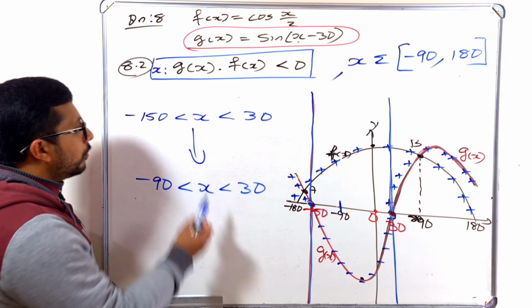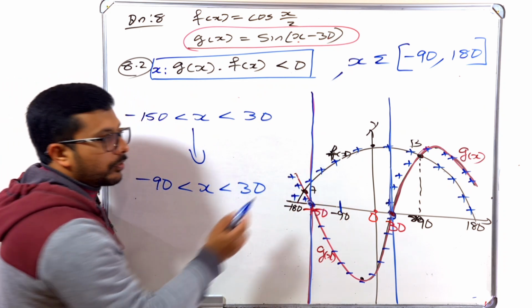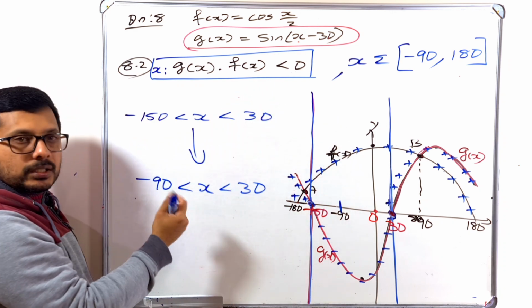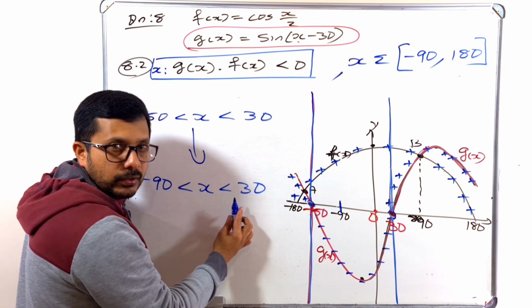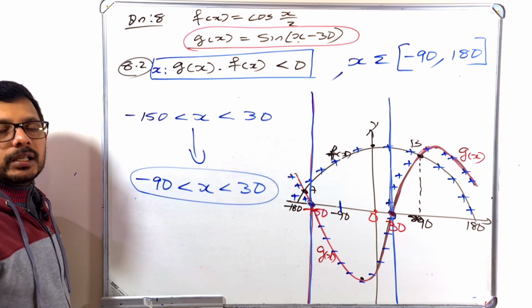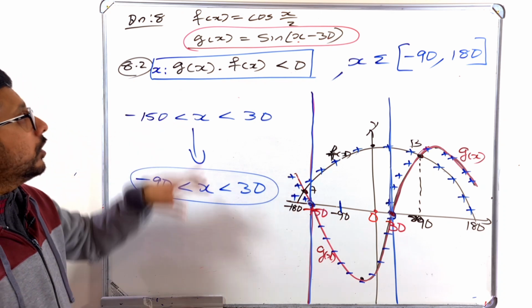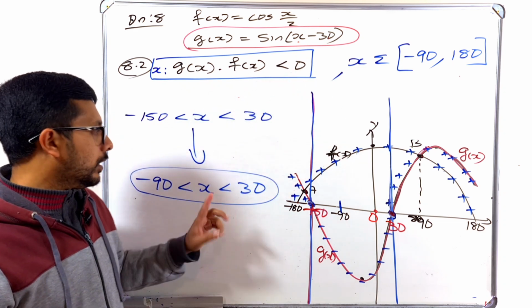So even though from minus 150 one is negative and the other is positive, because of that domain we don't want to consider what is happening before minus 90. So the answer is, between minus 90 and 30, one graph is positive and the other is negative, so if you multiply, the answer is negative. This is the answer.